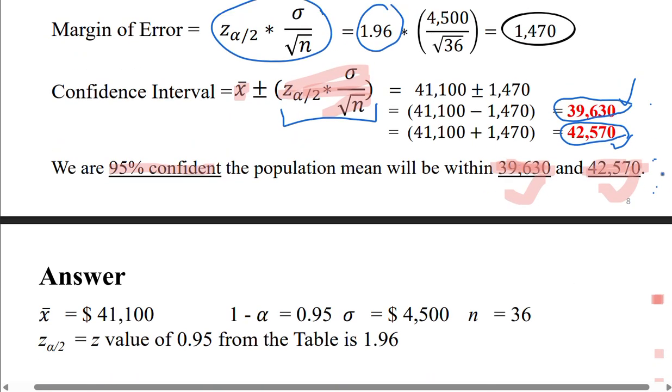And so what we are basically concluding is that at 95%, we are confident that the population average will be between 39,630, which is the lower limit, and 42,570, which is the upper limit. And so confidence interval estimation should always end up with two values, the lower limit and the upper limit.